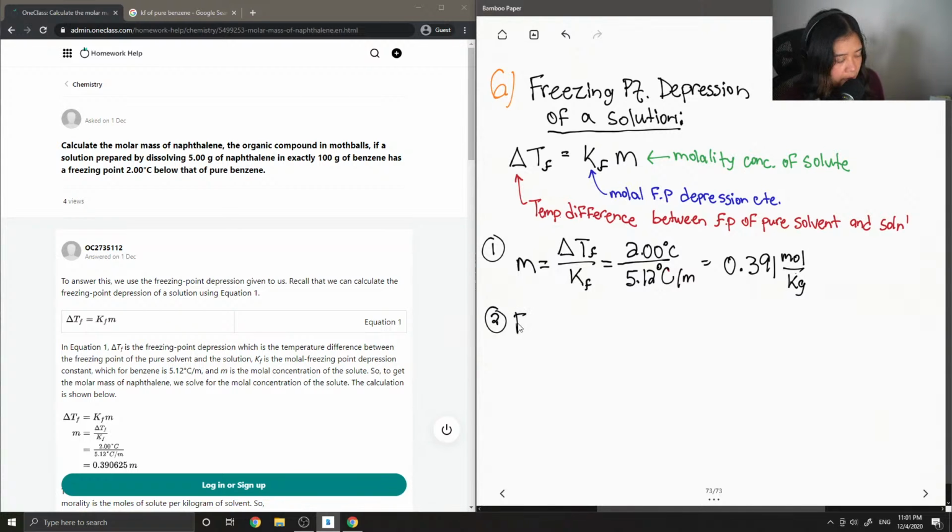Okay, so step 2 is to find the number of moles of solute. To do that, molality is equal to n solute over the kilograms of solvent. Let's rearrange this.